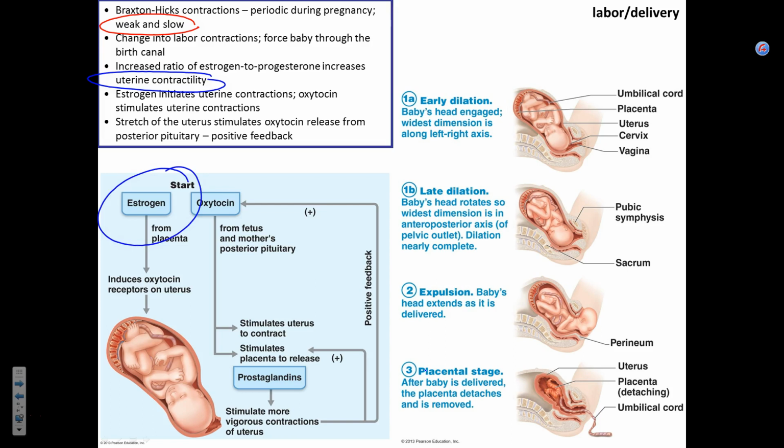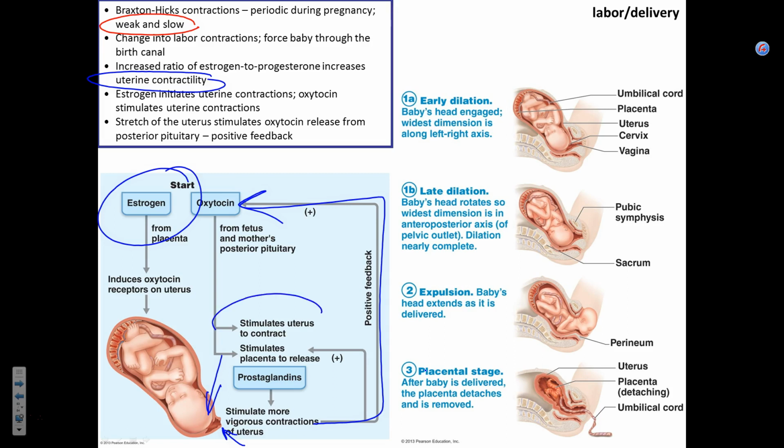Okay? When contractions are initiated, baby's head starts to push on the cervix of the uterus. That pressure is sensed by mechanoreceptors. Mechanoreceptors send the feedback to the posterior pituitary to release more oxytocin.